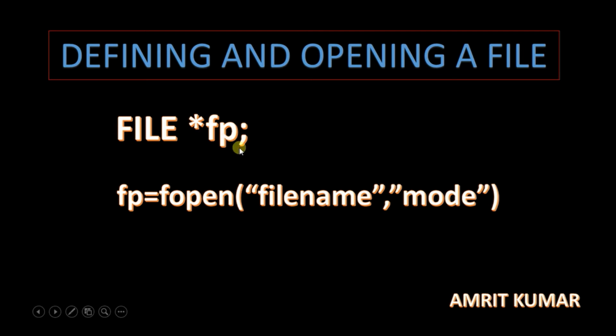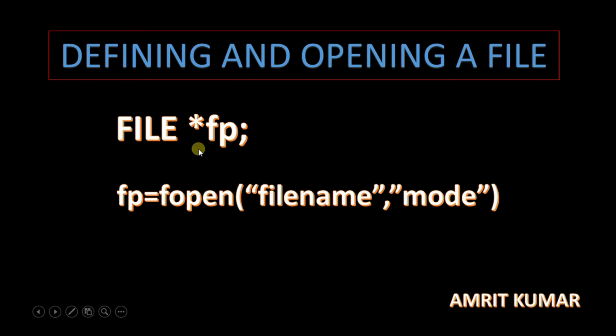So fp is that pointer which is containing a file in it. Therefore this syntax is going to create a file whose pointer is fp. The fp pointer is that variable which contains a file. Okay, so this is how you can create a file.